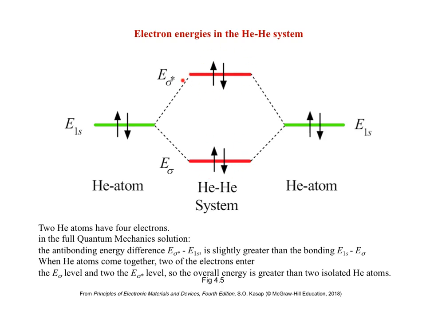Because this increase in energy from antibonding is actually larger than the decrease in energy from bonding, the overall effect of the entire system is such that the bonding interaction has higher energy than the individual atoms. In this way, helium atoms prefer to be isolated atoms rather than bonded into a diatomic molecule.